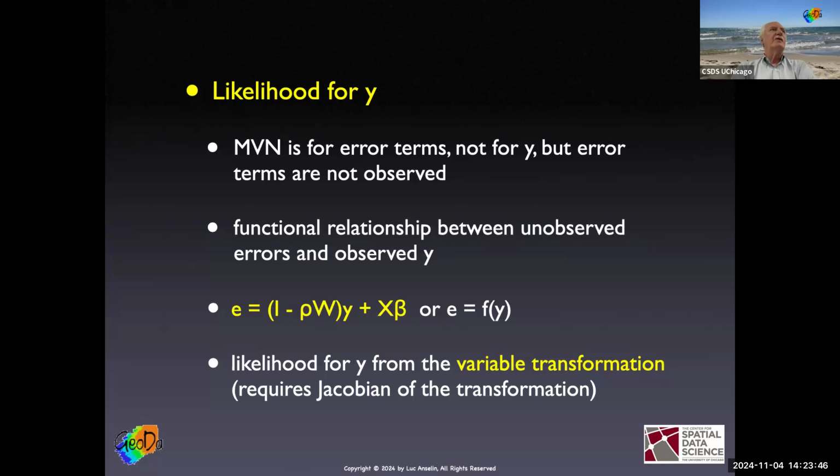And to figure it out, there is a concept called a Jacobian, the Jacobian of the transformation. It sounds very complicated, and it looks very complicated, but it isn't. It's just a scaling factor. It's a scalar, something like 0.5 or 0.7 or 2, that makes sure that the area under the distribution sums to 1.